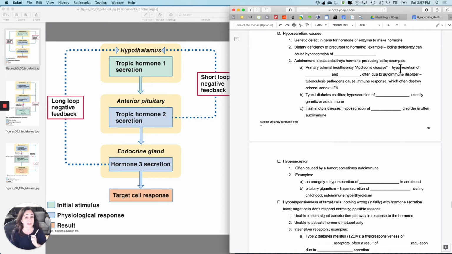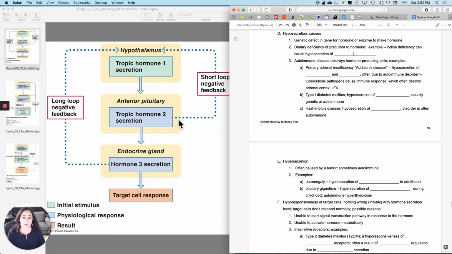And then there are a decent number of autoimmune diseases that cause hyposecretion disorders. So Addison's disease, it's also called primary adrenal insufficiency. That is a hyposecretion of cortisol and aldosterone, or really both of the glucocorticoids and aldosterone.